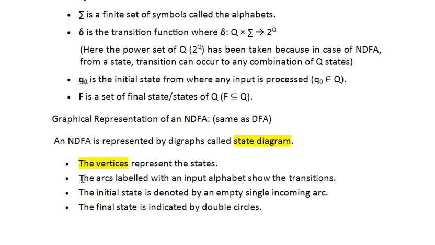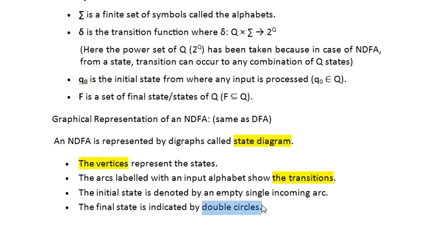There are arcs, or you can say directions, that are labeled with input alphabet and show the transitions, correct? Then the initial state is denoted by an empty single incoming arc, that means a single circle with an incoming arc, and the final state is denoted by double circles.